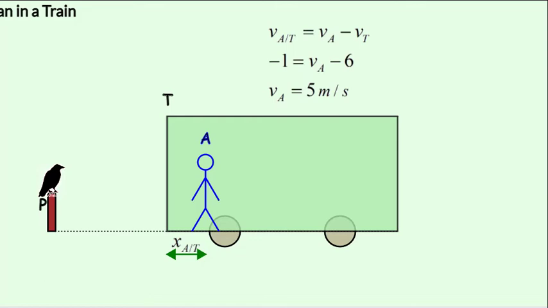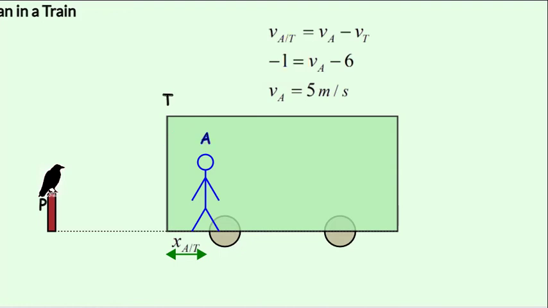And we apply the mathematical definition of relative velocity of the man with respect to the train. Since the man A is moving towards the left wall of the train compartment with a speed of 1 meter per second with respect to the train, VA with respect to t would be -1, and this is because the man will be approaching the compartment wall in the negative direction of the x-axis.